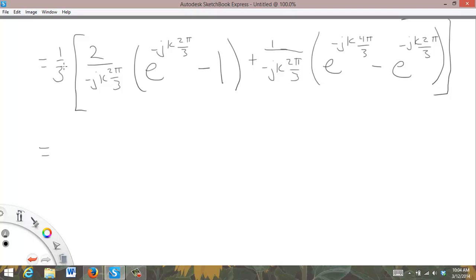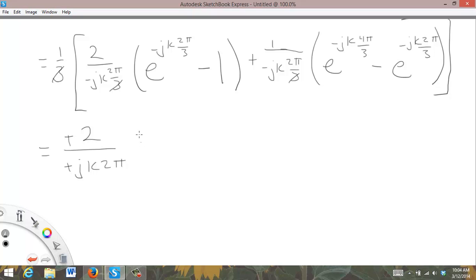Again, the thirds I'm going to cancel out. And then I have now 2, do the 1 first. So I'll have negative 2 over negative j k 2 pi. That's from the 1. Negative and negative, they're actually going to cancel.